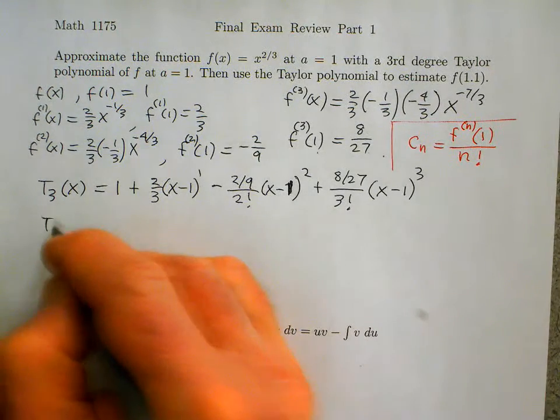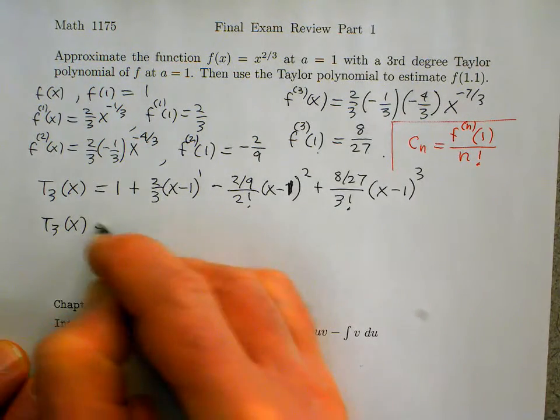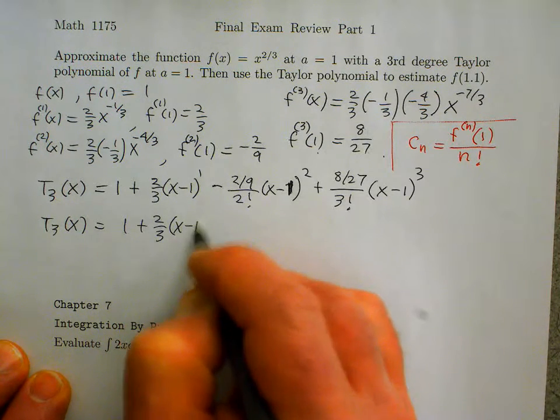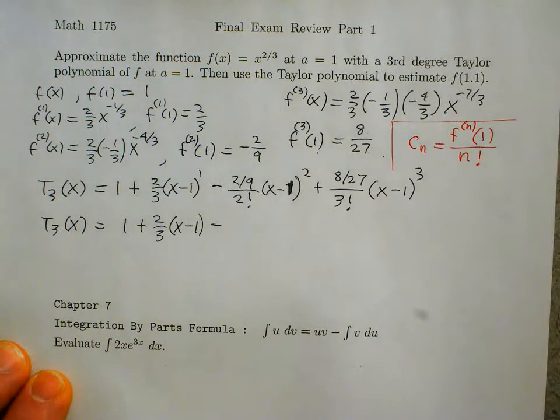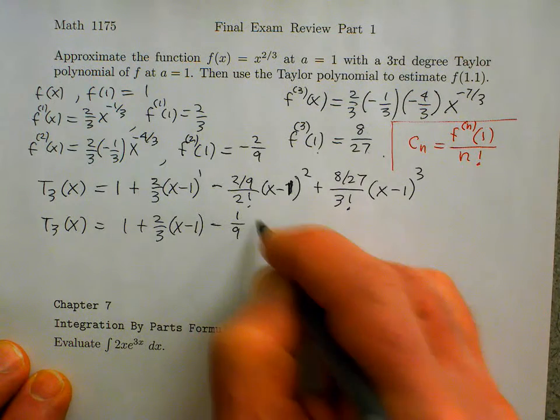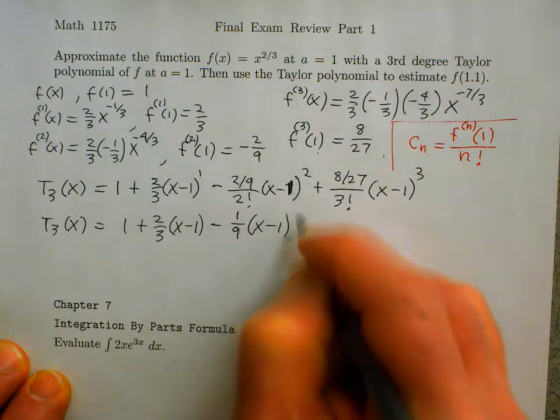Let's just do a little bit more work on this. 1 plus 2/3 times x minus 1. And then minus 2/9 divided by 2 factorial is minus 1/9, times x minus 1 squared.